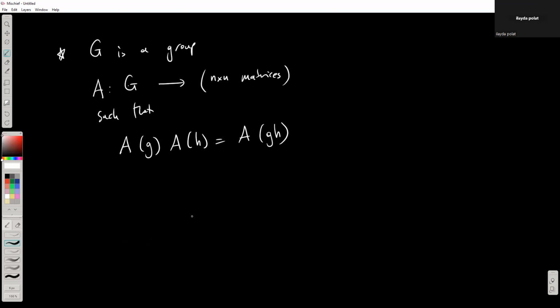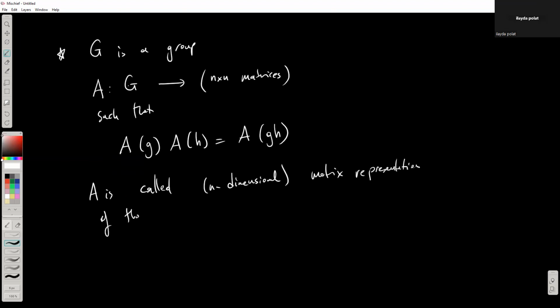Basically, the matrices obey the same multiplication table as the group elements. Then A is called an n-dimensional matrix representation, or just a representation, of the group G.